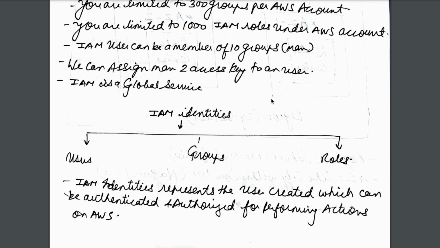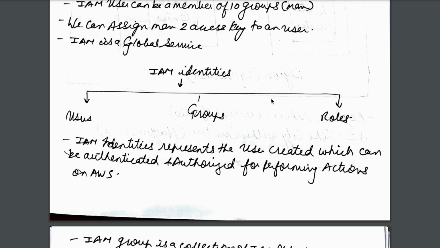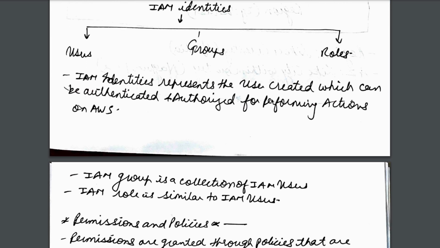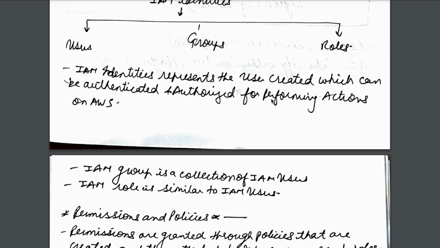So IAM identities are divided into three segments, that is users, groups, and roles. Now let us understand what each of these terminologies are. So basically, identities represent the user you create, which can be authenticated and authorized for performing a specific sort of actions on AWS, right?